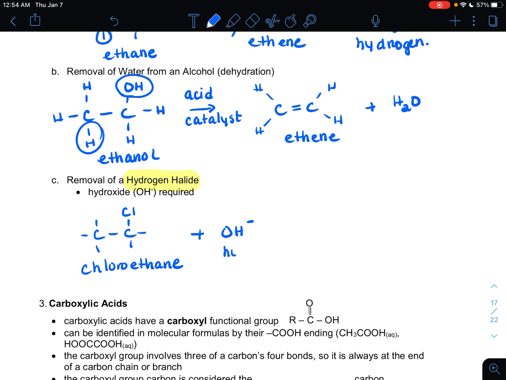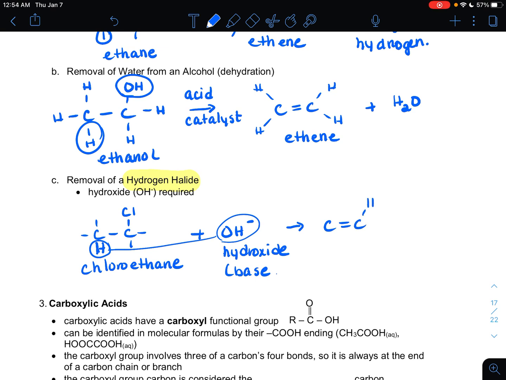reactant. And it basically needs hydroxide or a base. And so what happens is the base removes one of the hydrogens. I'm going to actually draw it in. So it removes one of the hydrogens, and that carbon no longer has 4 bonds around it, so it kicks off the chlorine.